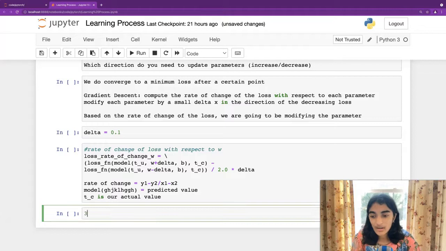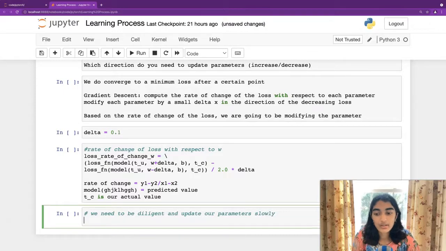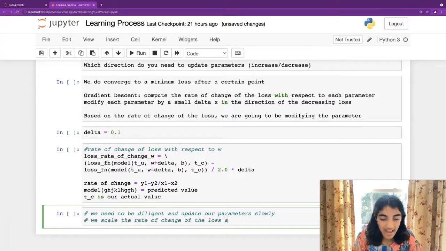But like I said, we need to be diligent about it, and we need to update our parameters slowly. So what we do is we scale the rate of change of the loss, and then we update the parameters.